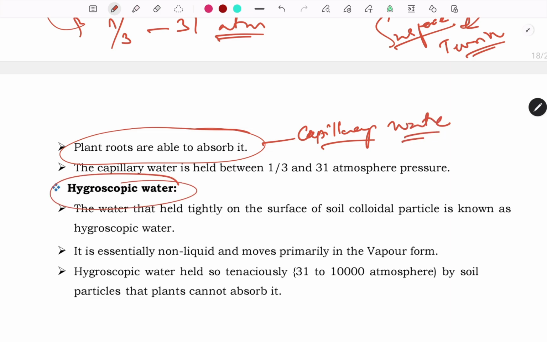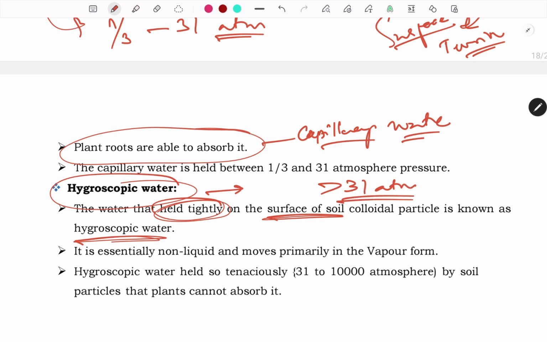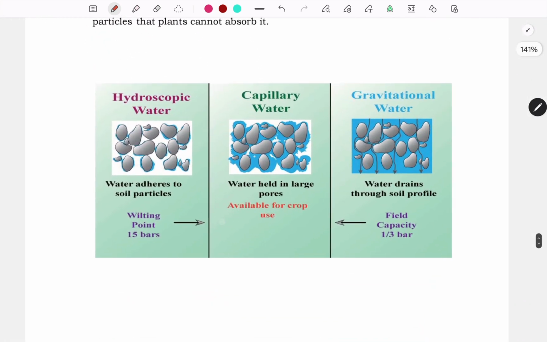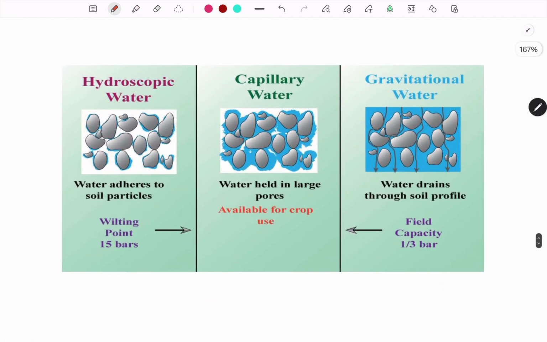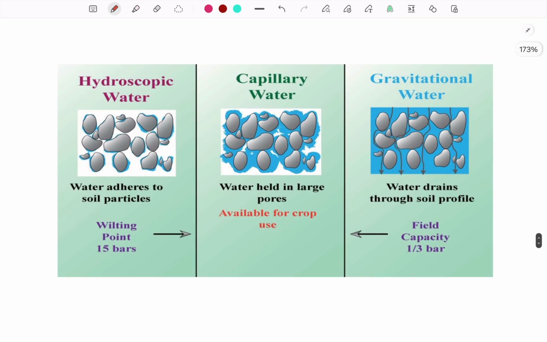The third one is hygroscopic water. It is very tightly held on the surface of the soil colloidal particle. That is called hygroscopic water. And the water is held at more than 31 atmospheric pressure. We can see these three types of physical classification of soil water. One is gravitational water, held at 0 to 1/3 atmospheric pressure.